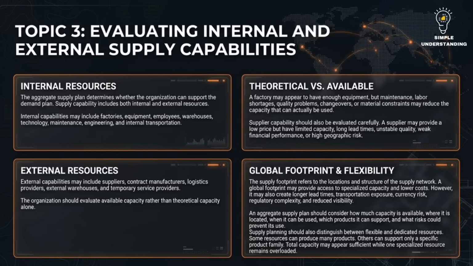Supply planning should also distinguish between flexible and dedicated resources. Some resources can produce many products. Others can support only a specific product family. Total capacity may appear sufficient while one specialized resource remains overloaded.